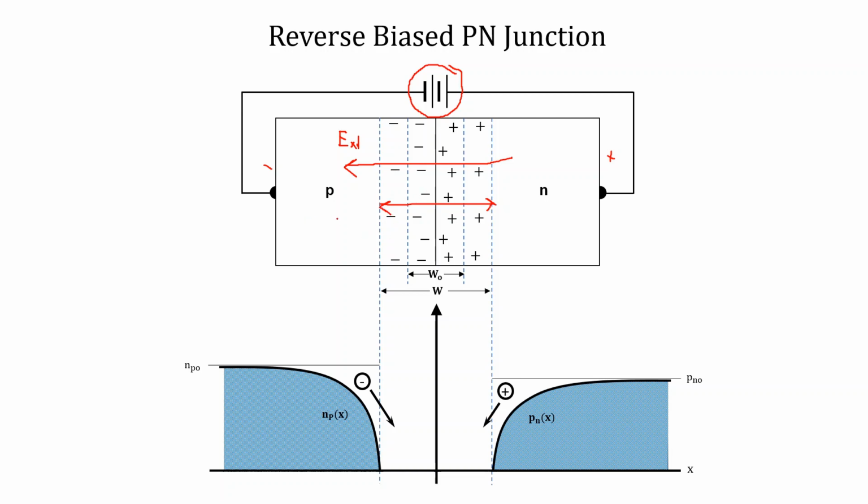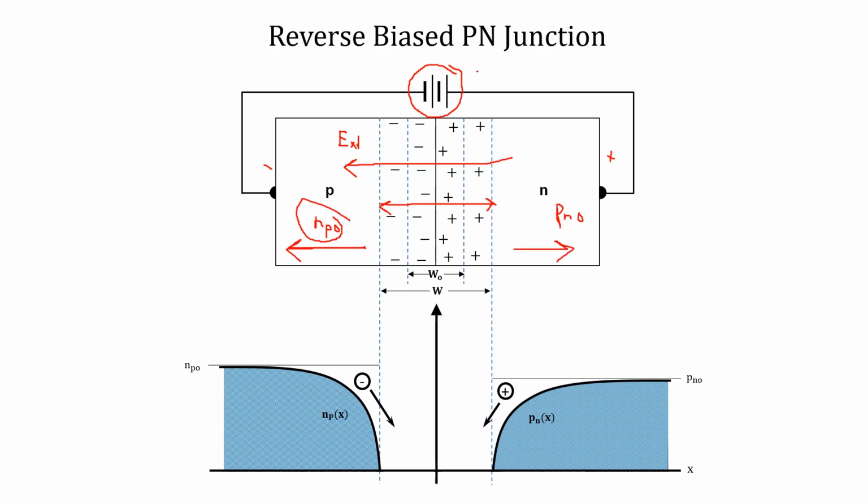Now what will happen to the minority charge carriers here? The majority charge carriers here are holes, and the minority charge carriers here are electrons. So np0 are the minority charge carriers here. So what will happen to these minority charge carriers?